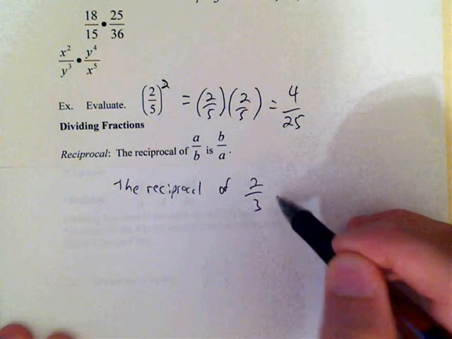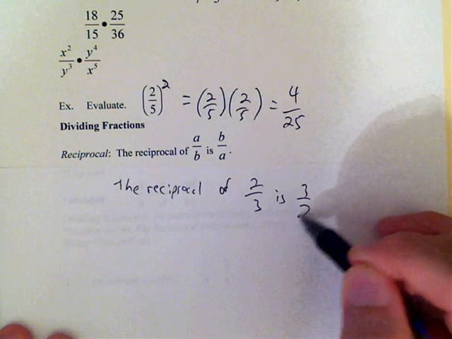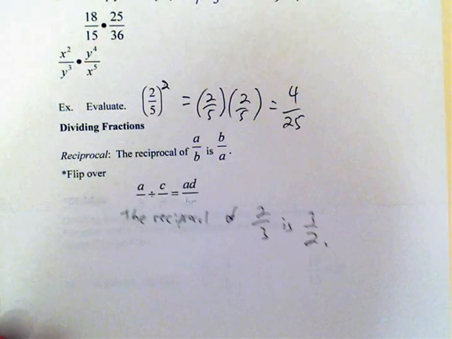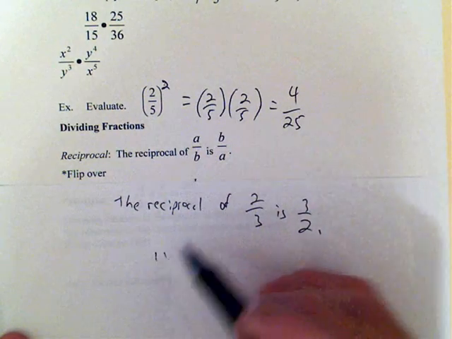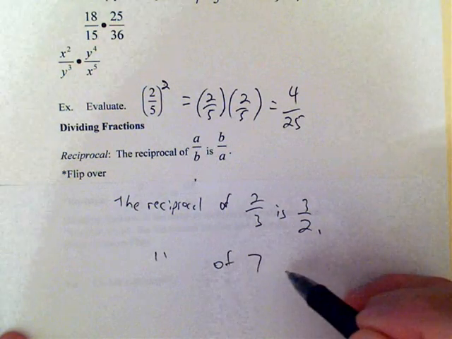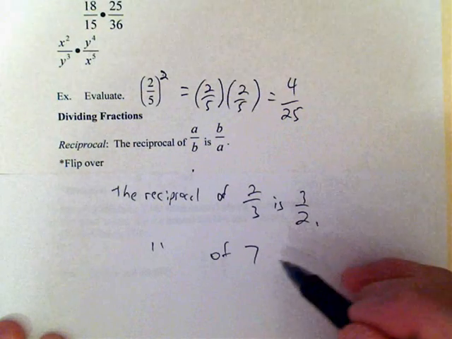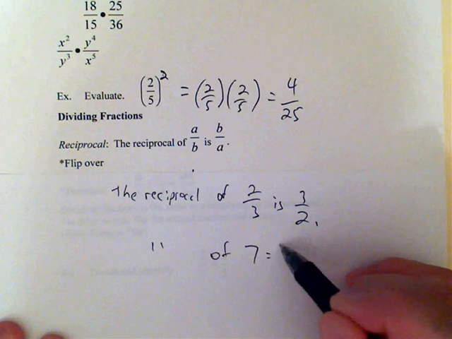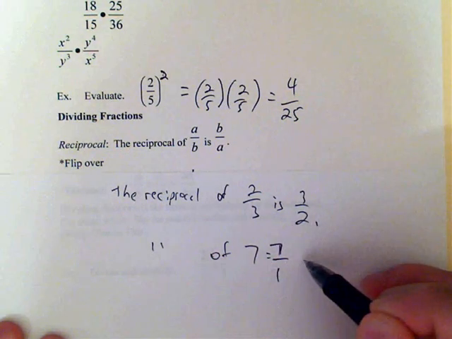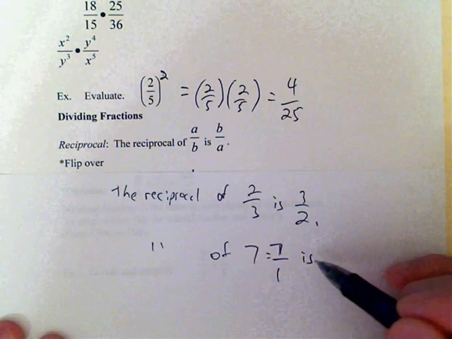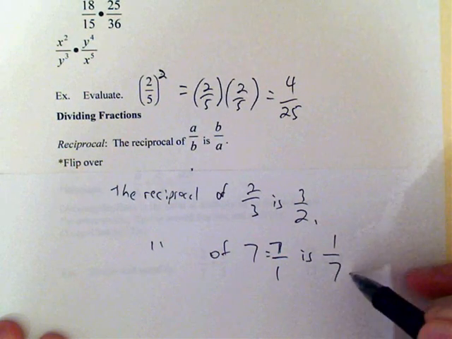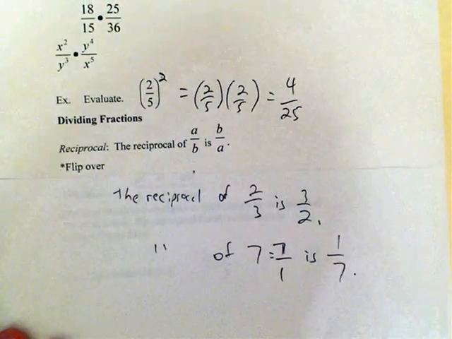You would say 3/2. If I were to ask you the reciprocal of 7, the first thing you would need to notice is that 7 is the same as 7 over 1. So the reciprocal of 7 or 7 over 1 is 1 over 7. Keep that in mind. You will need to use that.